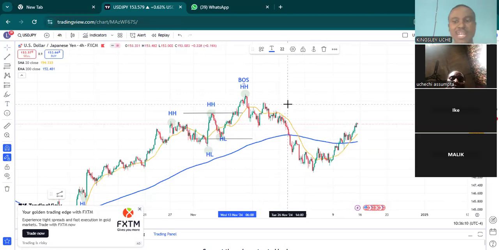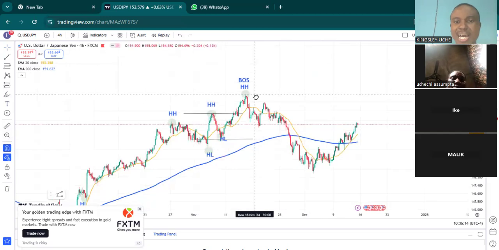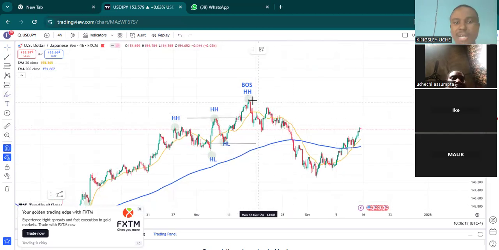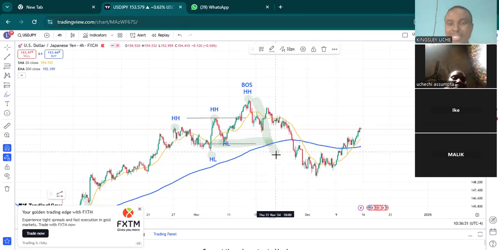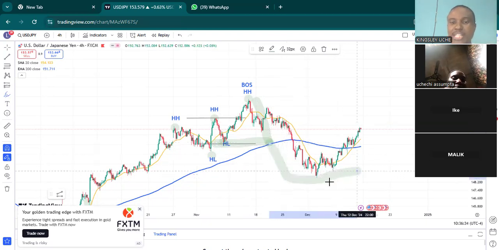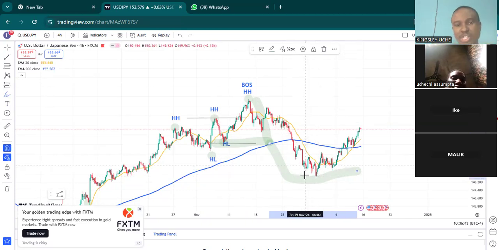The only way the change of character can work is when you see price come from the higher high, come down and cross the first horizontal line on top, then come down to cross this higher low, and cross the horizontal line below to create a change of character. In other words, before we can get a change of character, a break of structure needs to be formed.